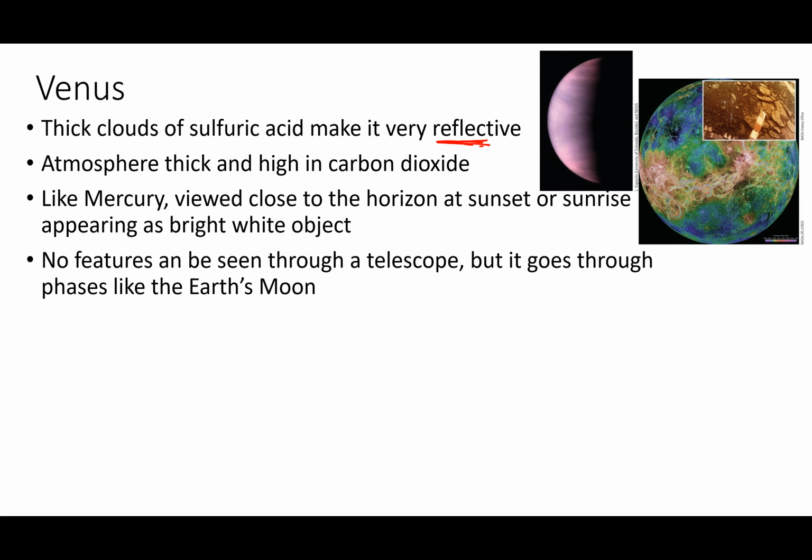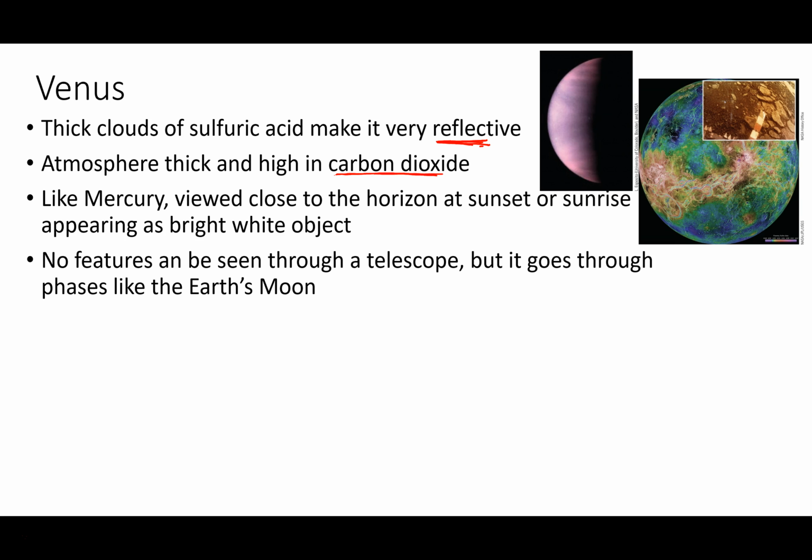You'll see Mercury and Venus. Venus is very reflective, and the reason has to do with its clouds. It's got very reflective clouds, and in its cloud structure, the most common gas is carbon dioxide.